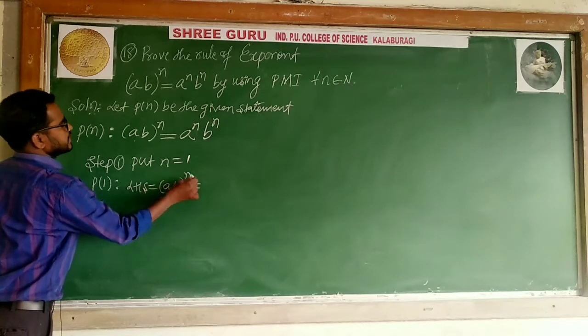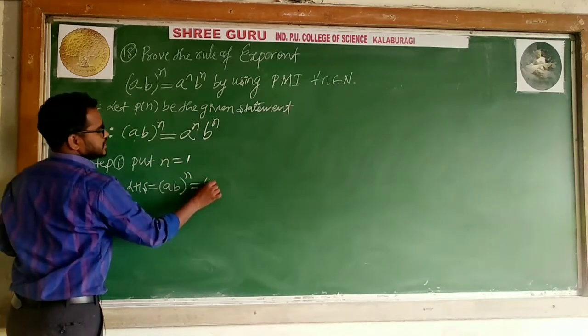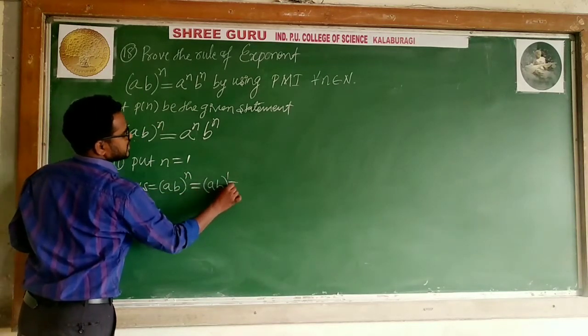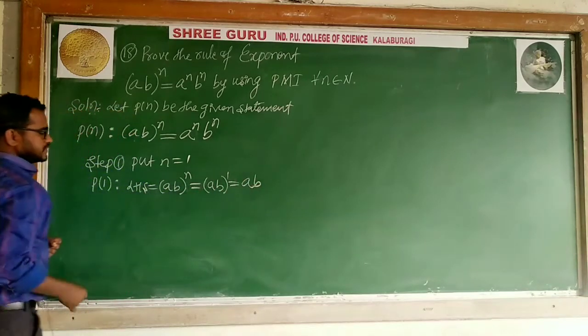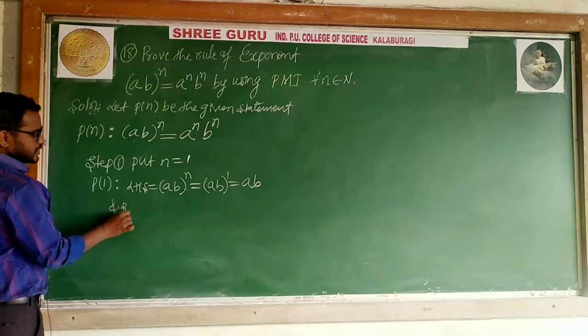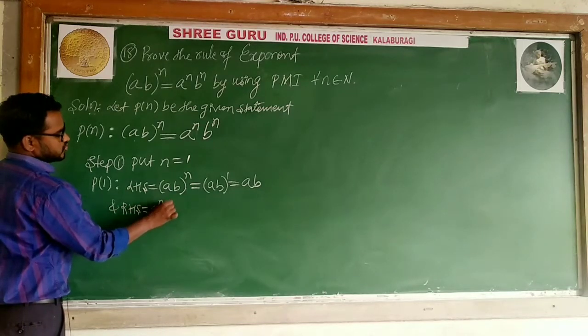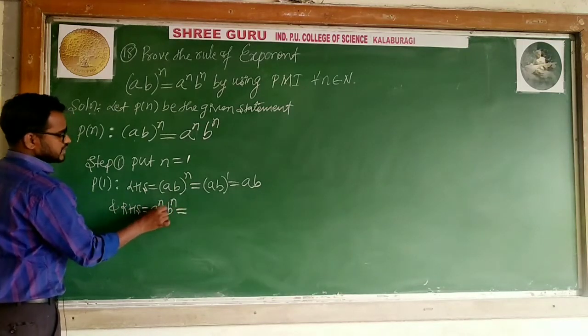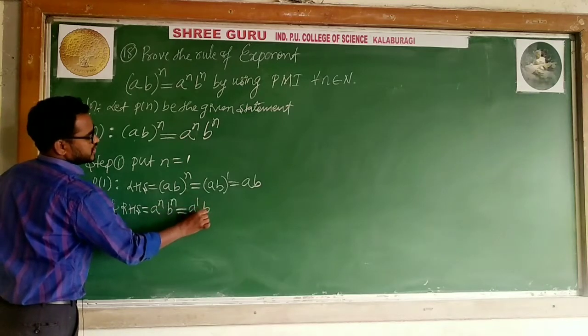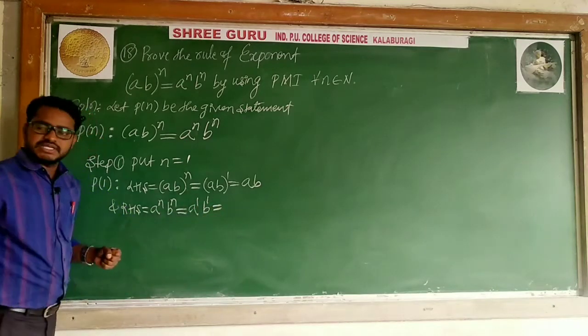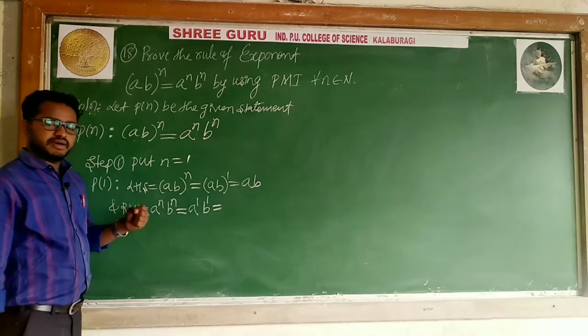In place of n, I am replacing 1, so AB whole to the power 1, which is AB. What is RHS? RHS is equal to A to the power n, B to the power n. Taking n as 1, A to the power 1, B to the power 1. A to the power 1 is A, B to the power 1 is B.